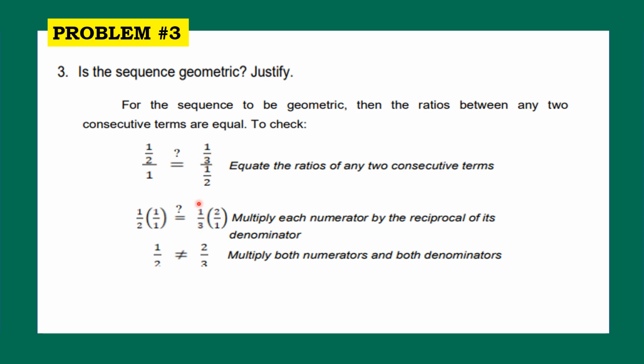Copy 1/3 and then get the reciprocal of 1/2, and that is 2/1. And then we simplify: 1 times 1 is 1, 2 times 1 is 2. So for the left side of the equation, the result is 1/2. For the right side of the equation, we have 1 times 2, which is 2, and 3 times 1, which is 3. So, as we can see, since the ratios are unequal, the sequence is not a geometric sequence.